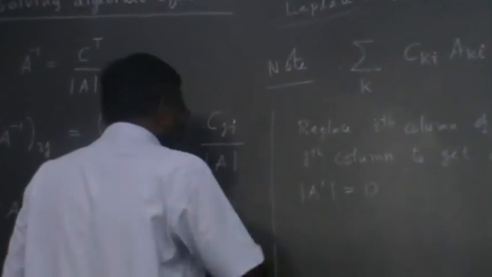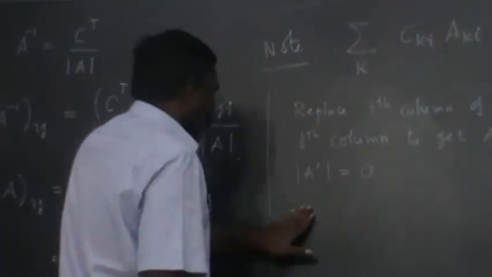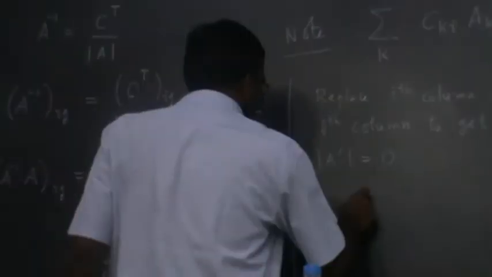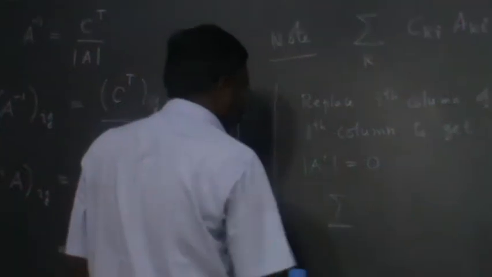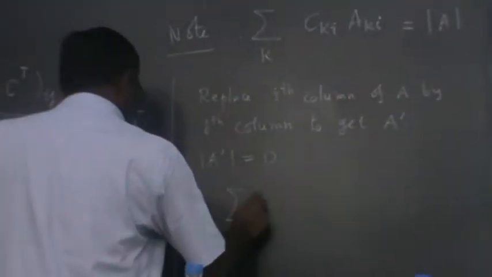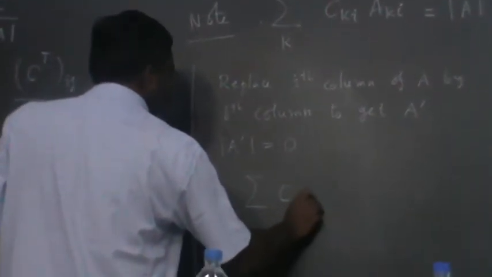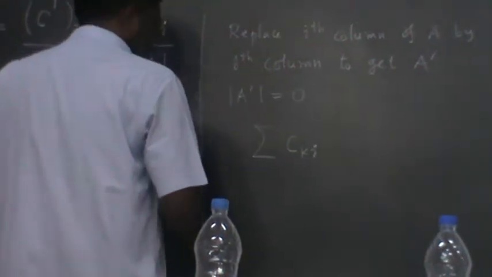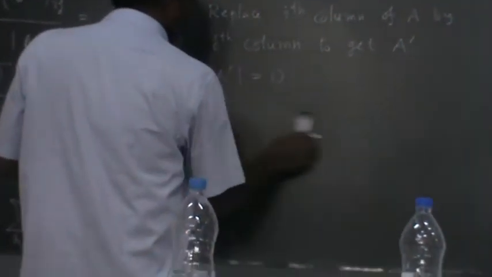No, because that will anyway remove that column and that particular row. So the cofactor matrix does not change. So if I consider C_ki, I will write down the determinant in this fashion.